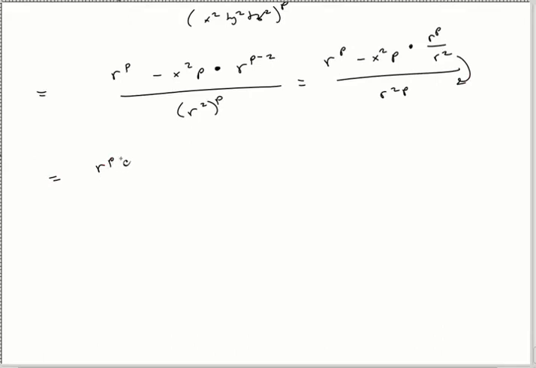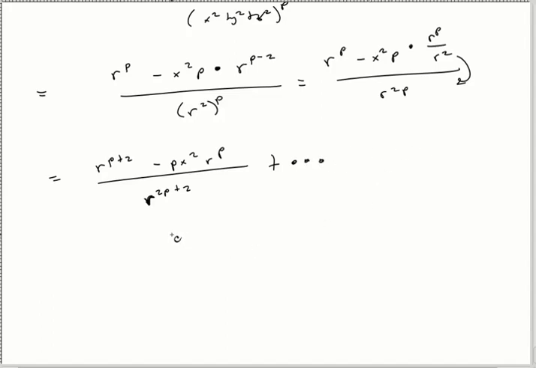So I'm going to say r to the p plus 2 minus p x squared r to the p, and then all divided by now r to the 2p, and then because you pushed it down here, it's down here as well, plus 2 in the power. If these powers are just making your head roll, you're not alone. Again, every time it's plus a lot of other stuff.